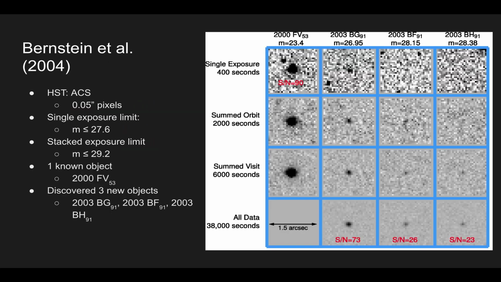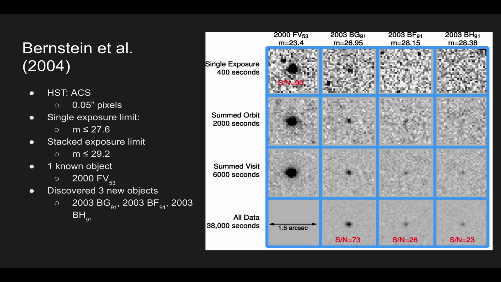And then finally, another example is a study using the HST ACS instrument led by Bernstein. In this study, HST's single exposure limit was around 27.6. Bernstein et al. took around 50 exposures, allowing them to get down to below 29th magnitude. In their field of view, they deliberately had one known 23rd magnitude object, and they then discovered 3 new objects.